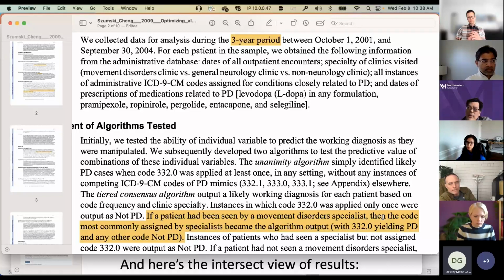I think this is why the criteria in the algorithm, in the phenotype, is a minimum of 2 instances of the specific Parkinson's code. But they can have basically 30 days of observation and still get qualified and meet the phenotype, as long as within the 30 days they did not have the competing code. Perfect.